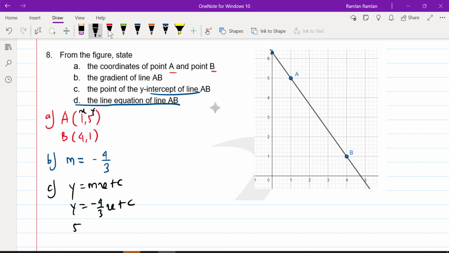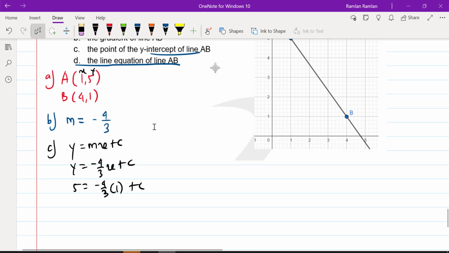There'll be 5 equals negative 4 over 3 times 1, and then plus c. So I only need to add 4 over 3 to both sides. That'll be 5 plus 4 over 3 equals c. So that'll be 19 over 3, is it? I think so. Yes, 19 over 3. 3 times 5 is 15, 15 plus 4 is 19. Yes.